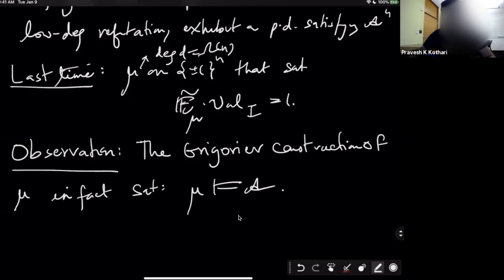So why is this true? Can someone unmute themselves and tell me why should this be true?